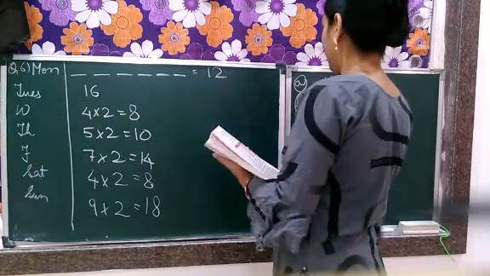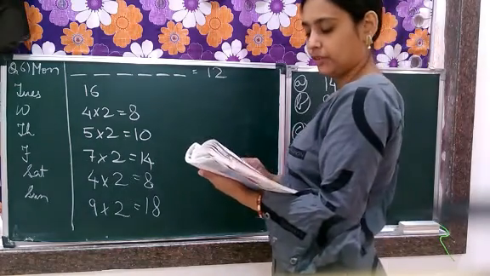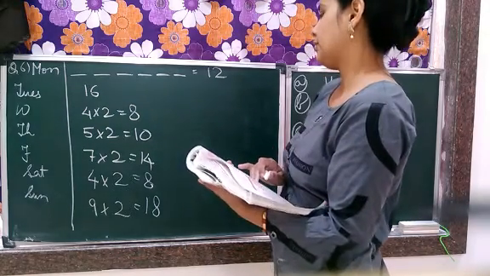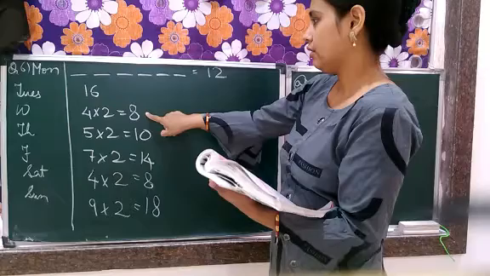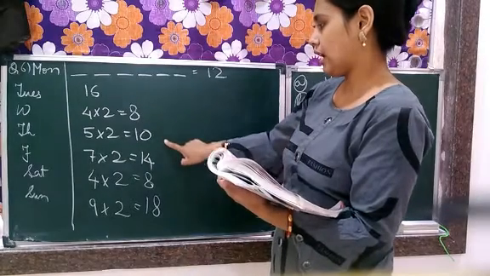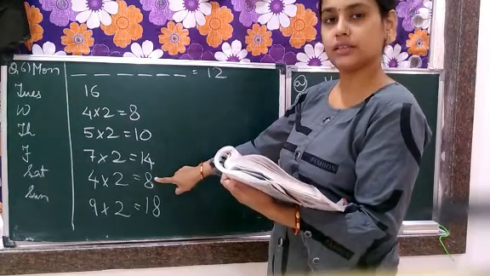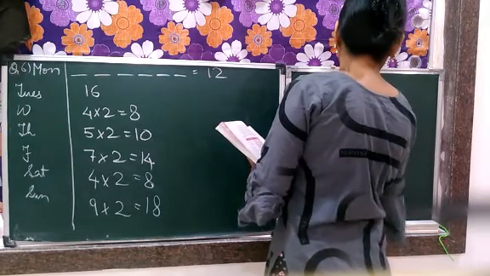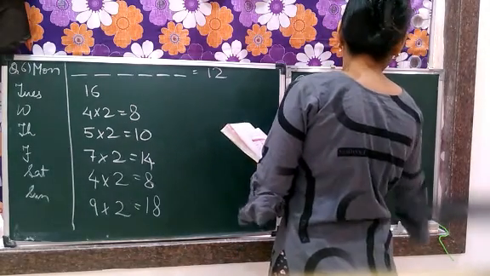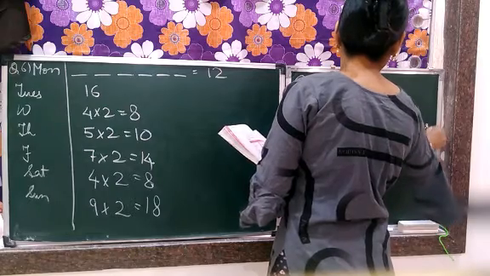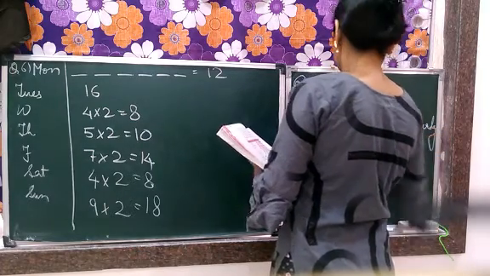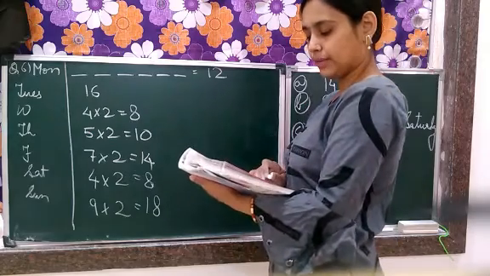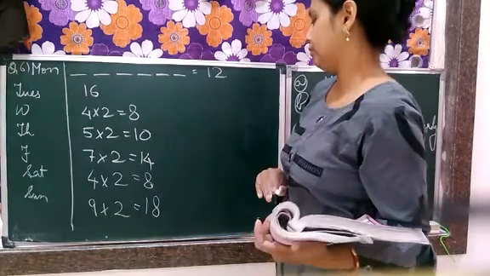We are writing in the book. See, on which days were the same number of bulbs sold? Wednesday and Saturday, right? On which days were the minimum number of bulbs sold?